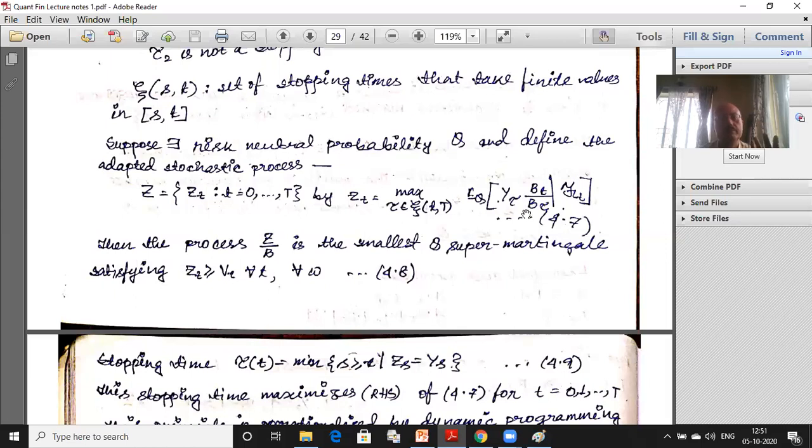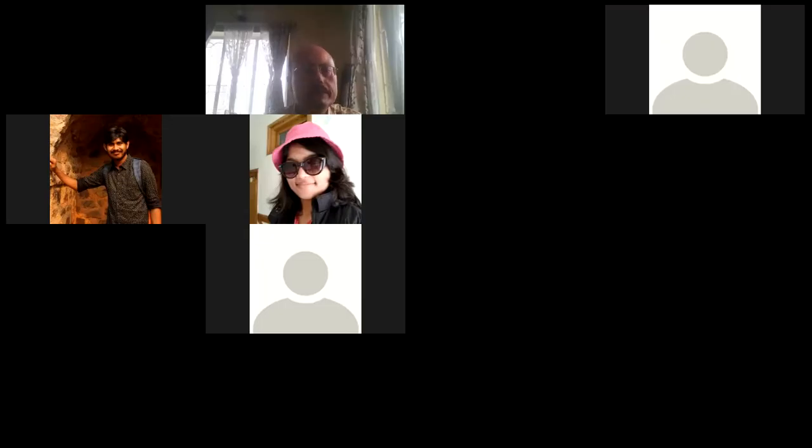It cannot increase because I am calculating the maximum over a smaller and smaller set. So is this clear? Is this calculation clear, or should we go over this once more?